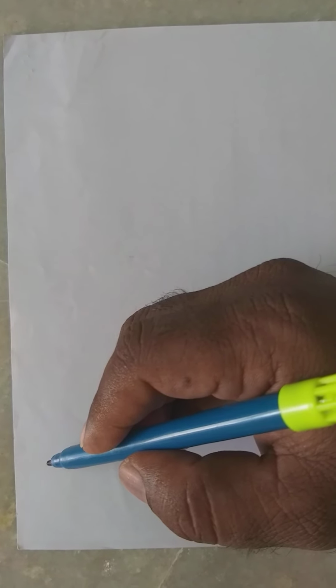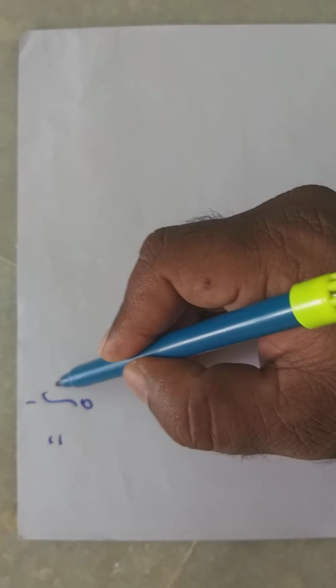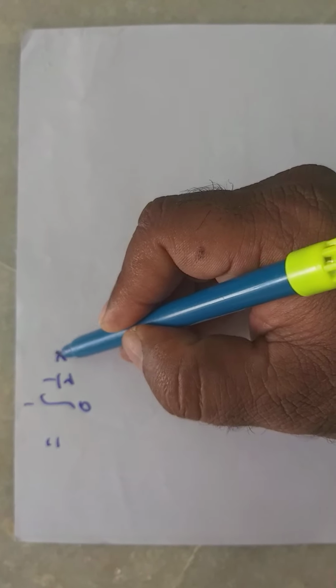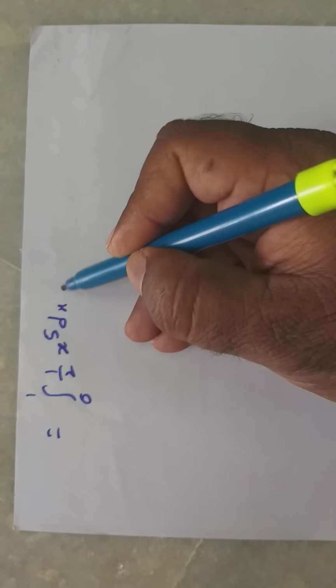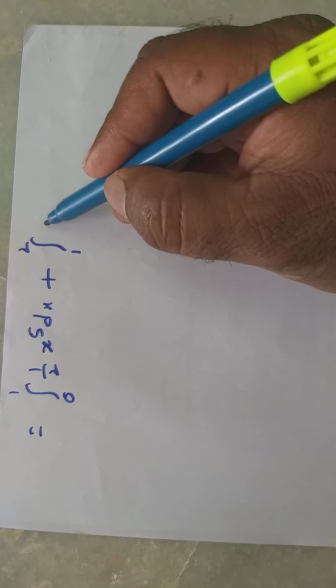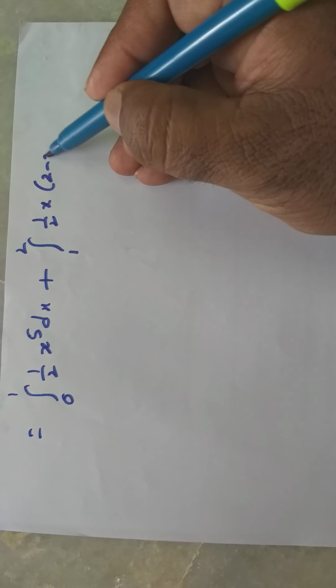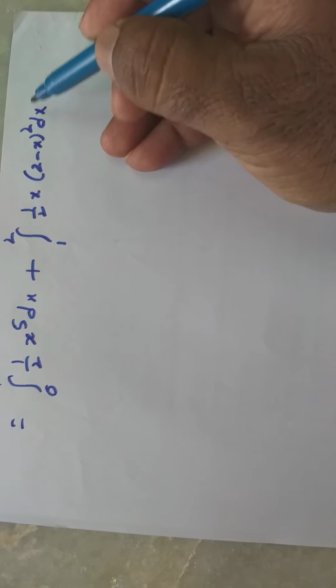After substituting the limits, we get the integral from 0 to 1 of 1 by 2 x power 5 dx, plus the integral from 1 to 2 of 1 by 2 x times (2 minus x) whole square dx.